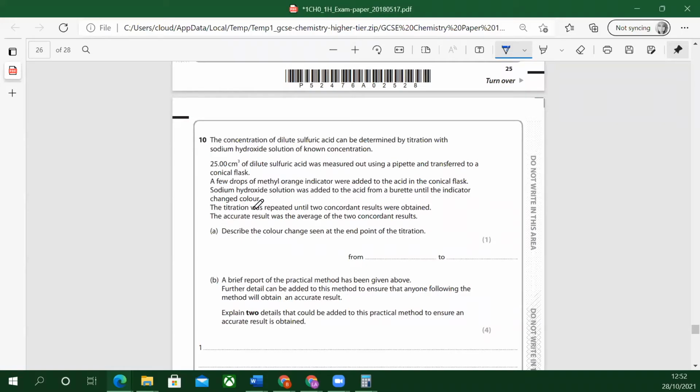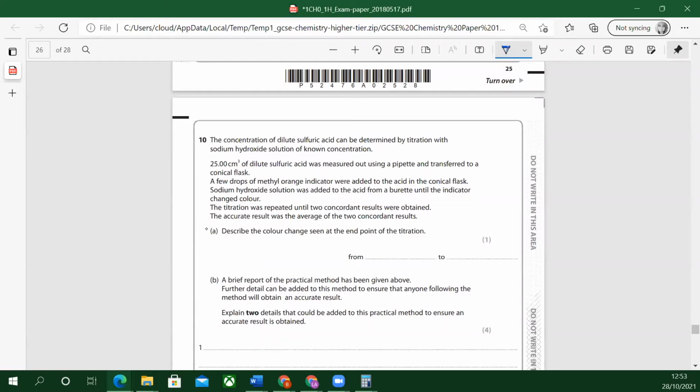A few drops of methyl orange indicator were added to the acid in the conical flask. Sodium hydroxide was added to the acid from a burette until the indicator changed colour. The titration was repeated until two concordant results were obtained, meaning they go together, not an anomaly. Describe the colour change seen at the end of the titration.